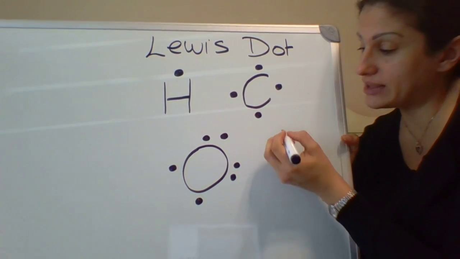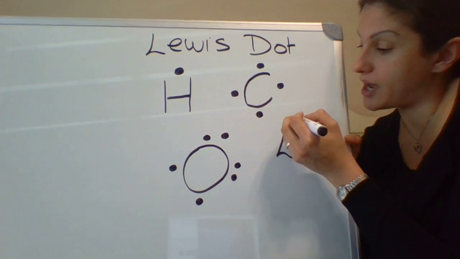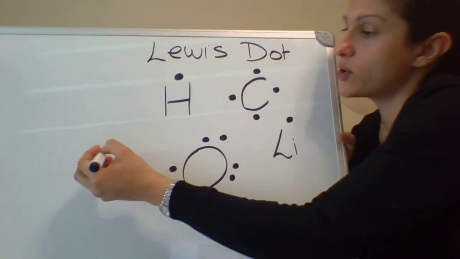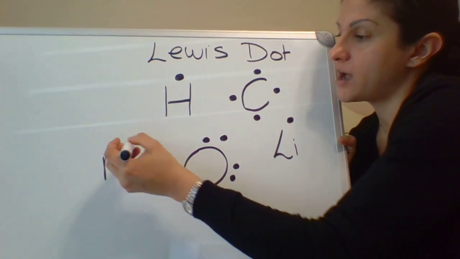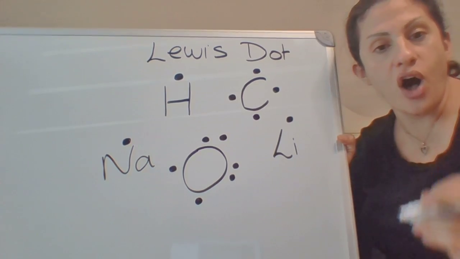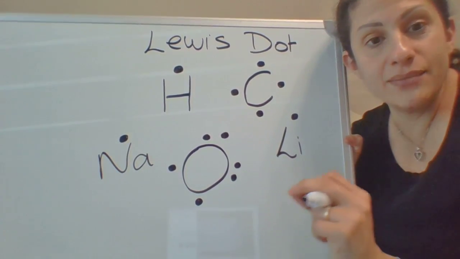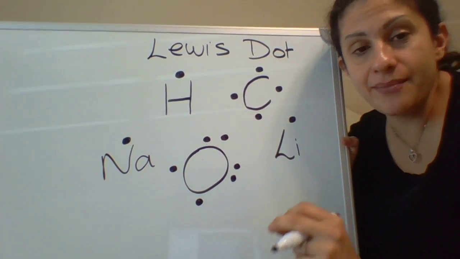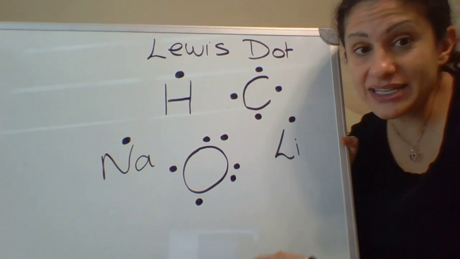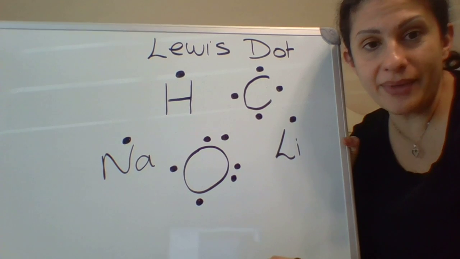So if I was to draw lithium, I would draw it with 1 dot as well. If I was to draw sodium, I would draw 1 valence electron. So all elements in the same group have the same number of valence electrons. And that makes it very simple for you to remember.